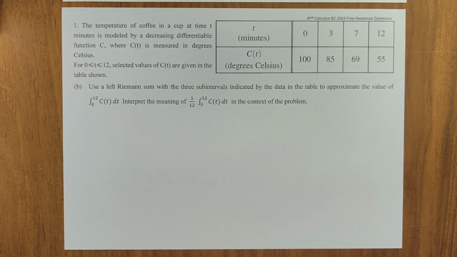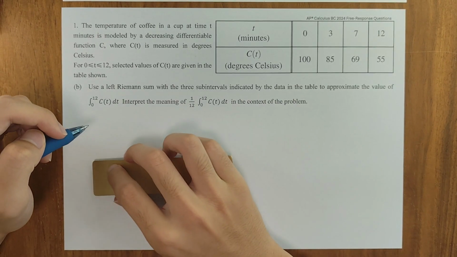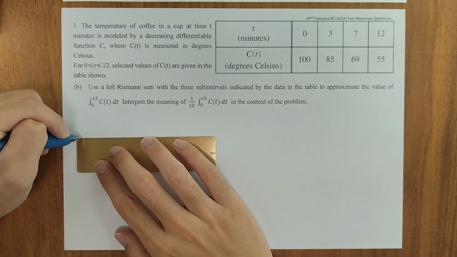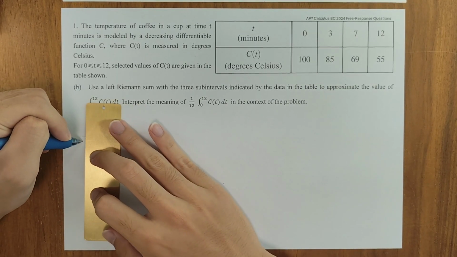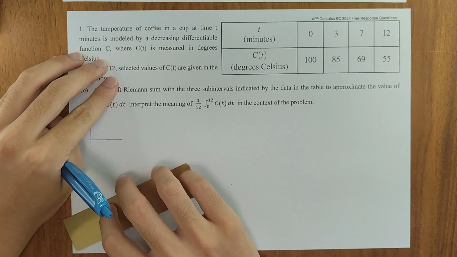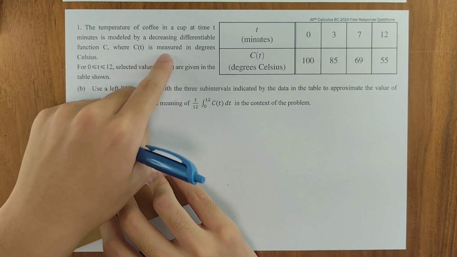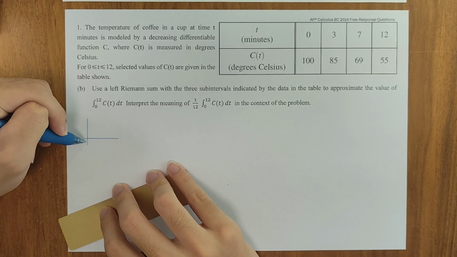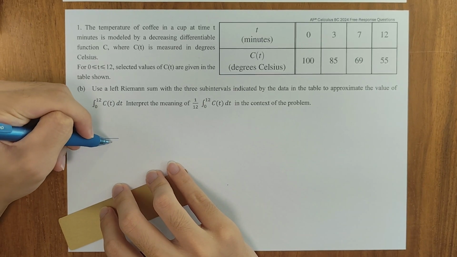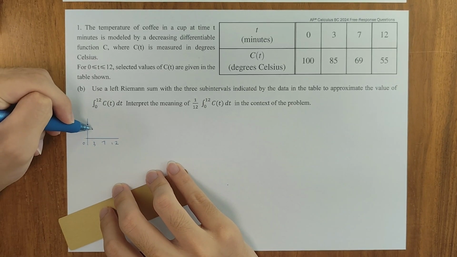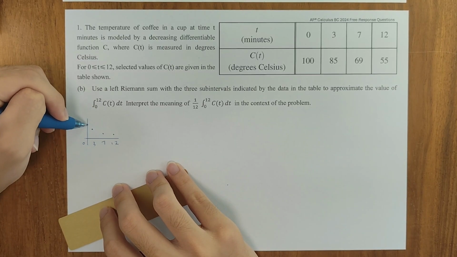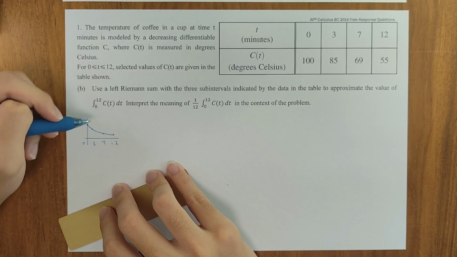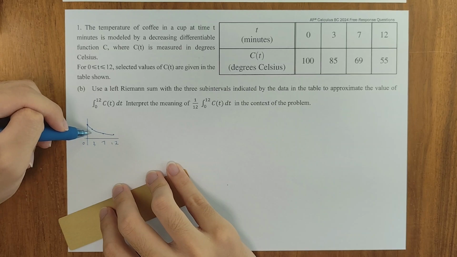Okay, so first, a left Riemann sum is something like this. This is a decreasing function C. We're plotting the temperature here, at time 0, 3, 7, 12. The function is somewhat like this.